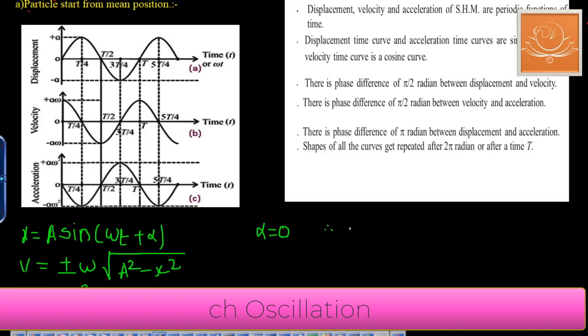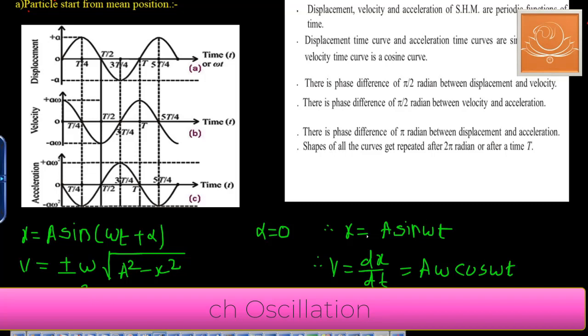Hence the equation becomes x equal to a into just sine omega t, because alpha is 0. Hence the velocity becomes dx divided by dt, which is equal to a omega into cos omega t, taking the derivative of the displacement.